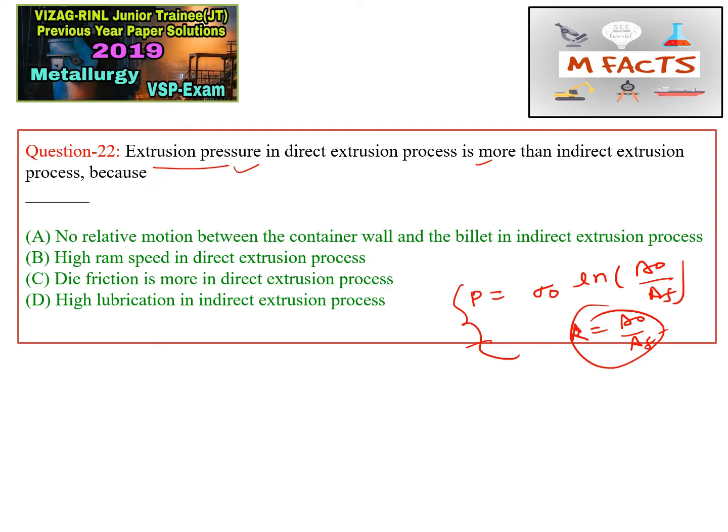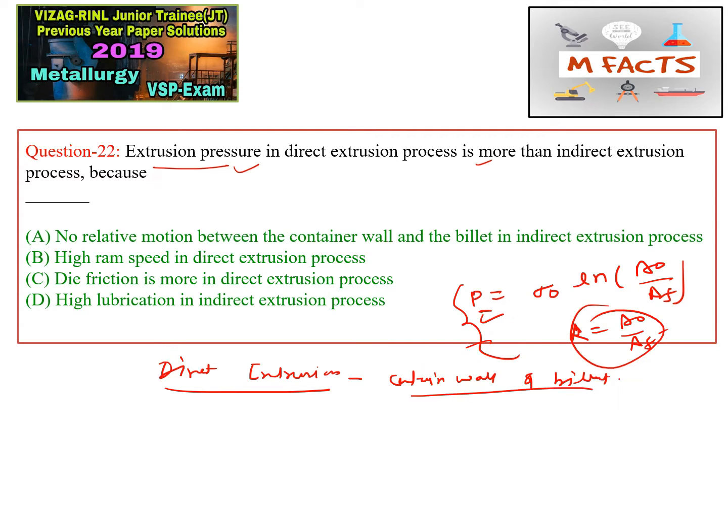In this question they are asking why extrusion pressure is higher in direct extrusion. What happens in direct extrusion is there is relative motion between the container wall and the billet which is to be extruded. In indirect extrusion there is no relative motion between the container wall and the billet.